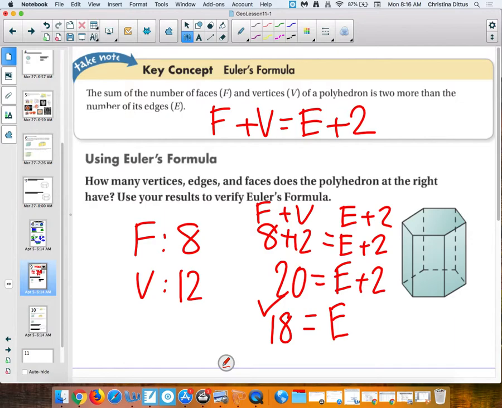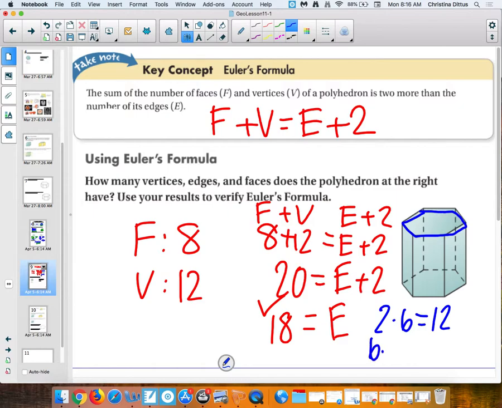To figure out how many edges you have, you're gonna take the sides of your shape. So like my top I said was what shape? And how many sides does a hexagon have? And how many hexagons do I have? 2. So I have 2 hexagons that are 6 sides each. That'd be 12 sides. What's the shape in between my hexagons? Rectangles. How many rectangles do I have? 6.